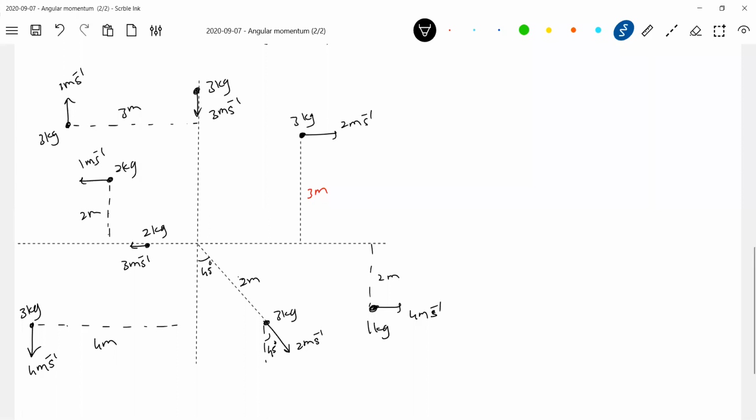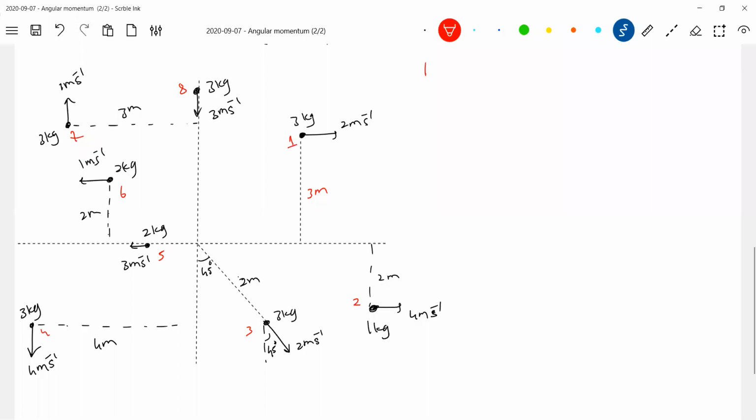No. You have to find out the angular momentum of a system of particles. So I'll give numbers to them. Let this be 1, 2, 3, 4, 5, 6, 7, 8. So these are the 8 particles in the system. You have to calculate angular momentum about the origin.